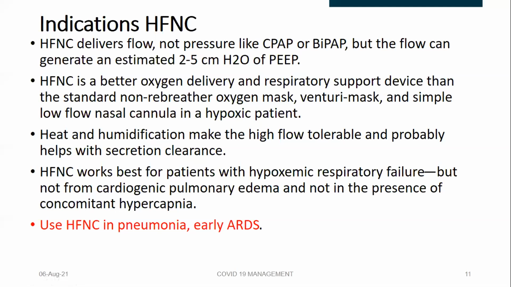And one of them is patients who have significant cardiogenic pulmonary edema, or have concomitant hypercapnia. They are not going to benefit from a high flow nasal cannula. We do know the humidification and the fact that this is warm air helps with secretion clearance. We'll mention this as we speak about the masks or the NIV masks.